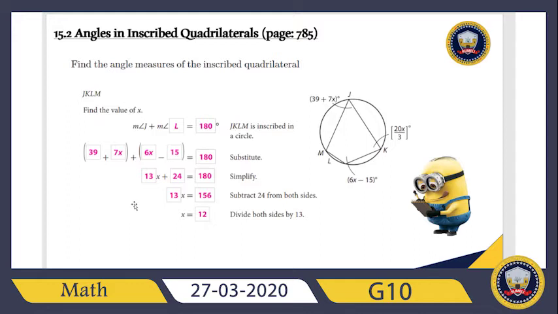Let's take this example. Find the angle measures of the inscribed quadrilateral. My quadrilateral is LKGM or GKLM. So first we need to find what? To find the value of x. So what is the theorem saying?